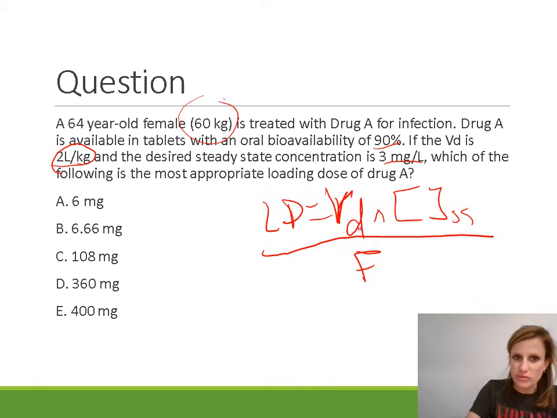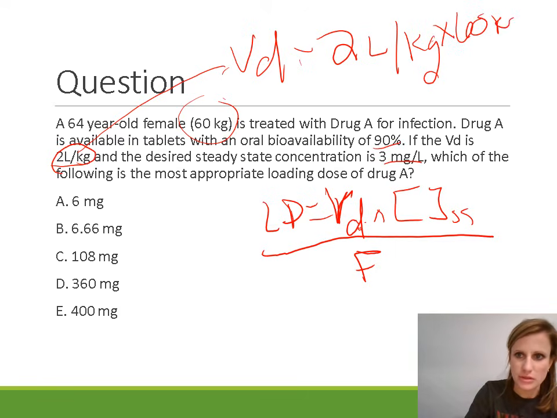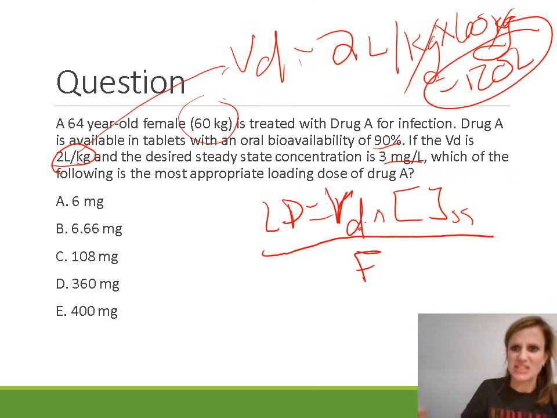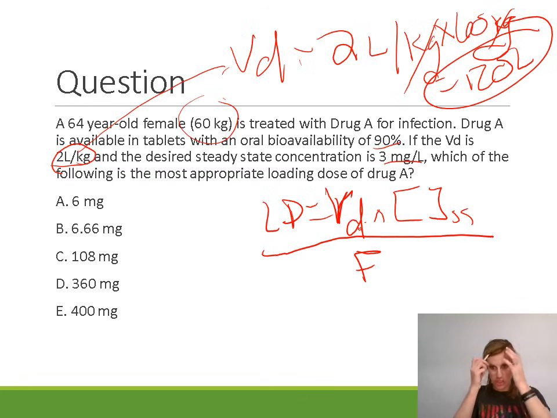The volume of distribution, right, is 2 liters per kilogram, and this patient is 60 kilograms. Okay, so 2 times 60 is 120 liters. That's a really high volume of distribution, right? So the drug distributes out into the tissues really well.